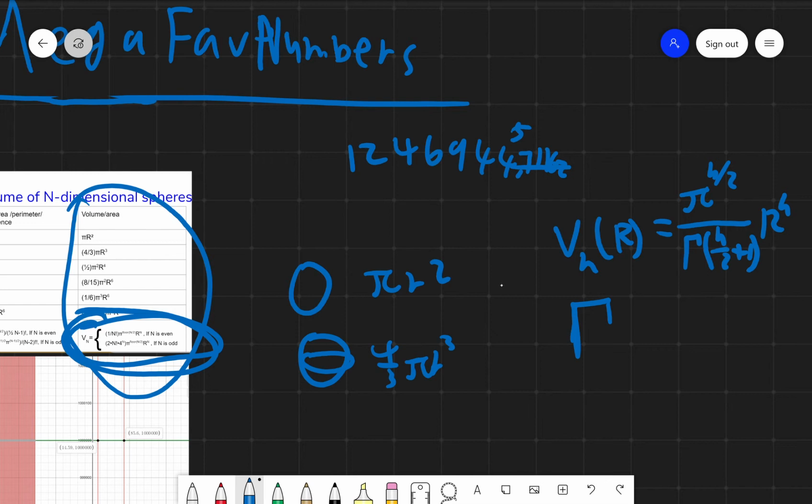We can do decimals, negative decimals, pi factorial, I think, yeah, e factorial, everything like that. So how do you relate the gamma function and the factorial? Well, gamma of n plus 1 equals n factorial. Cool.